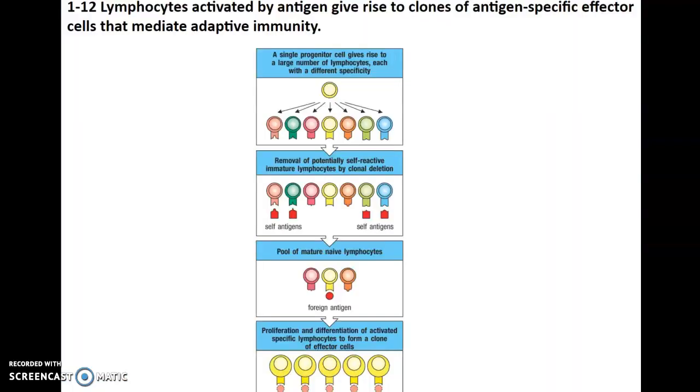So when a B cell or a T cell creates its receptor, the B cell receptor or the T cell receptor, it does it 100% randomly. So it's just rearranging DNA until it gets a B cell receptor or a T cell receptor.